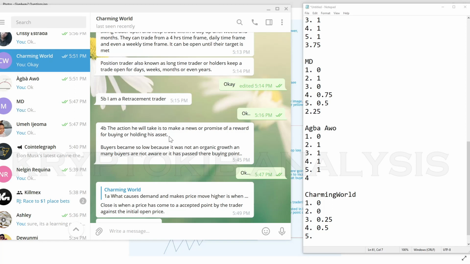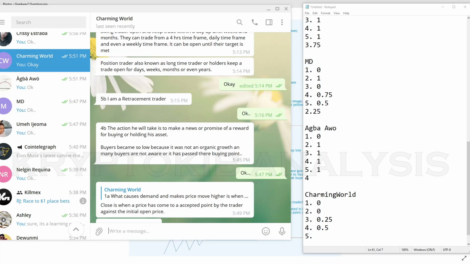If you are selling one item for 1,000 and now you are giving them a promise of a reward like buy one get one free, that means you are actually selling 2 for 1,000 now, which means the value of one is 500. That is also equal to a reduction. But she is just saying it in another way and form. Okay, so let's say that 4B 0.25.